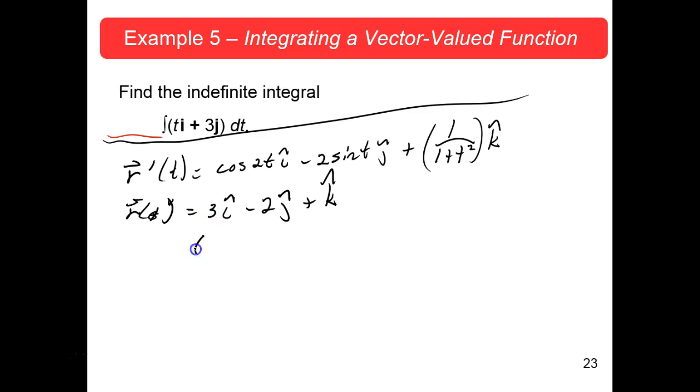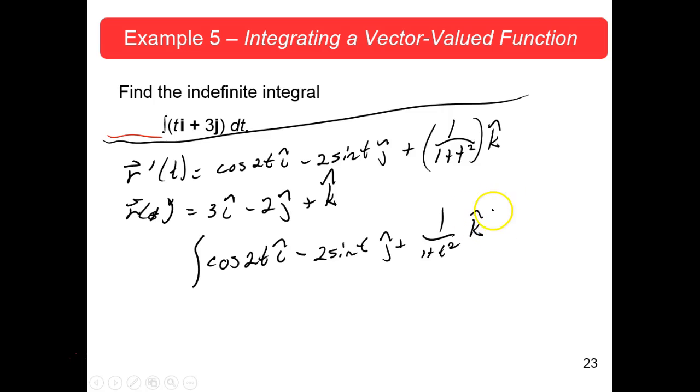So the antiderivative of this would be the integral of cosine 2t i minus 2 sine t j plus 1 over 1 plus t squared k dt.